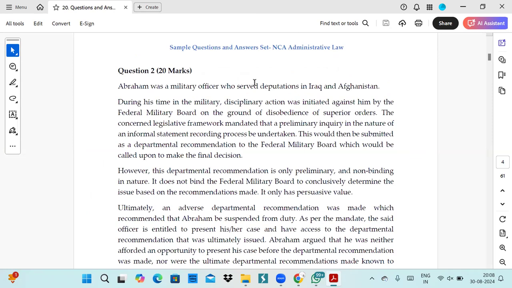So first of all, I'll begin with how to read the question. When you're reading the question, it is very important to remember each and every fact that is connected with the procedural issue. Usually in your exam, they will ask a 100 marker question, and that will cover both the procedural and substantive issues.